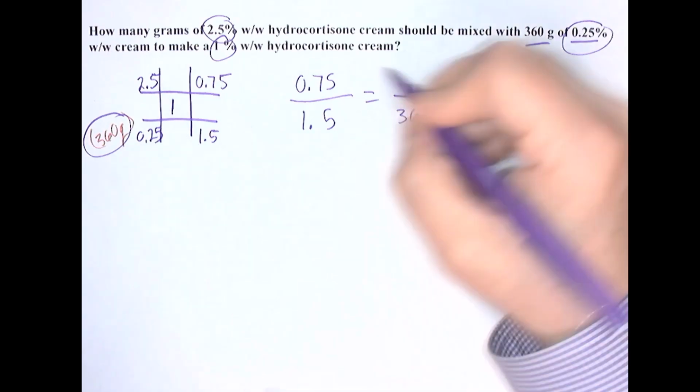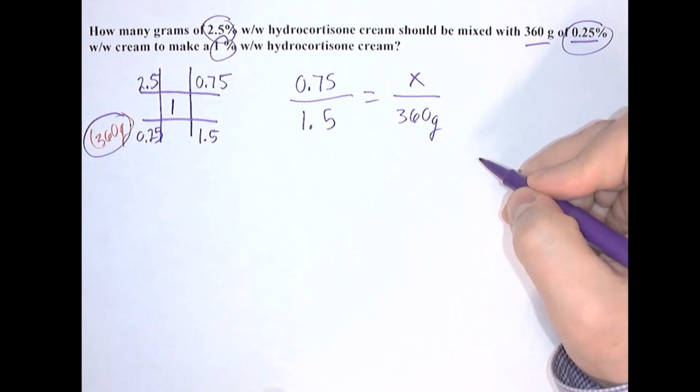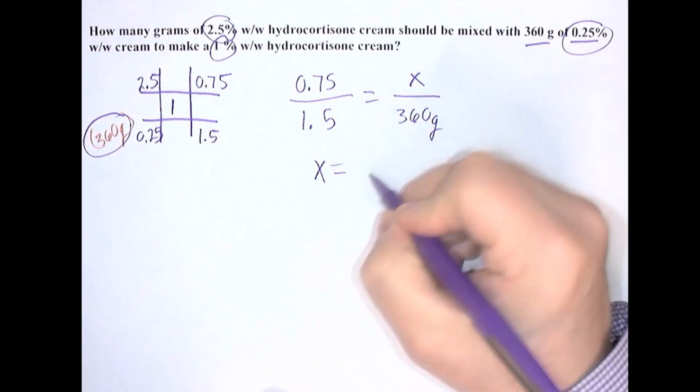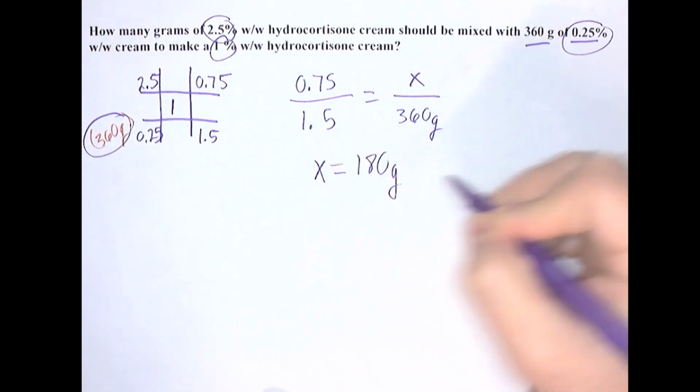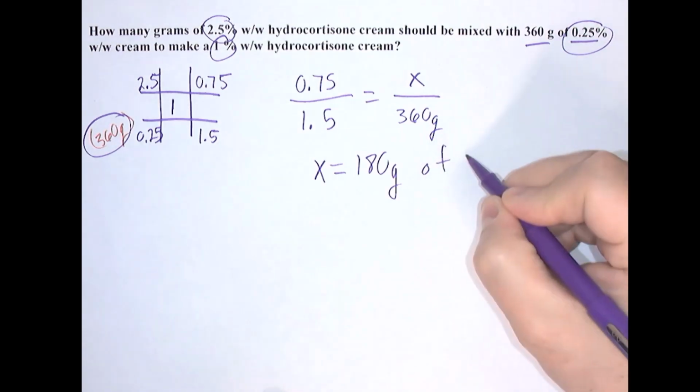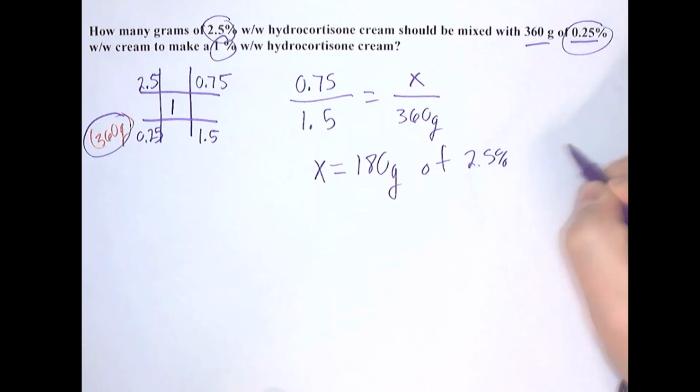We don't know what that is yet, so I'm just going to put X here. Well, we do our basic algebra, solve the proportion. We should get X equals 180 grams. And that's 180 grams, let's make it explicit here, of the 2.5% cream.